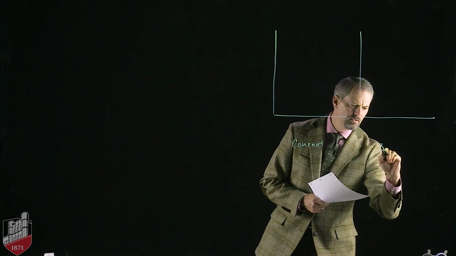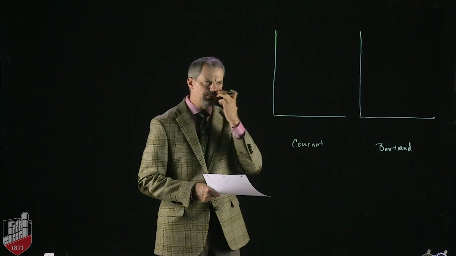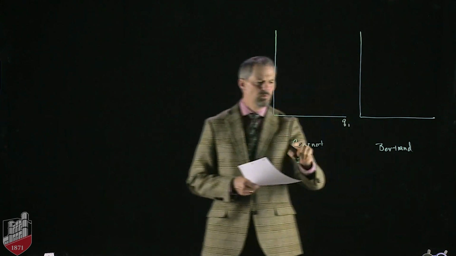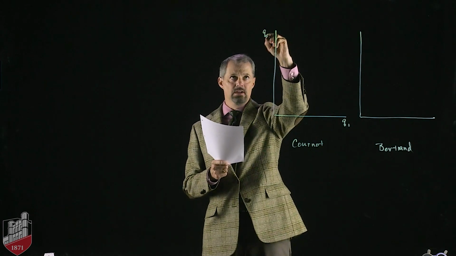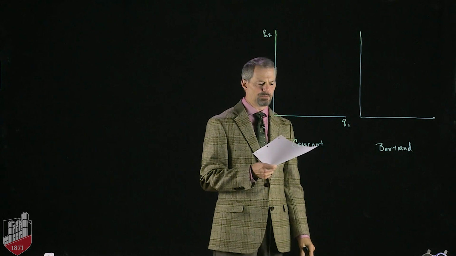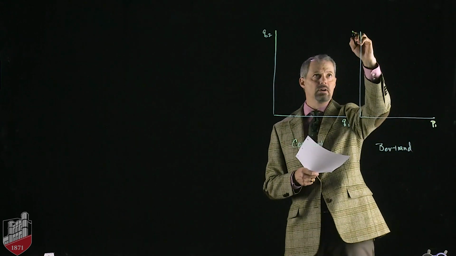We're talking about Bertrand with differentiated goods here. With the Cournot model, the decision space was how much output firm 1 produces and how much output firm 2 produces. With the Bertrand model, it's prices, so P1 and P2.